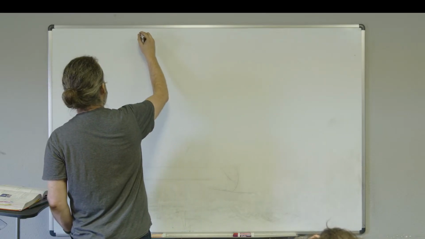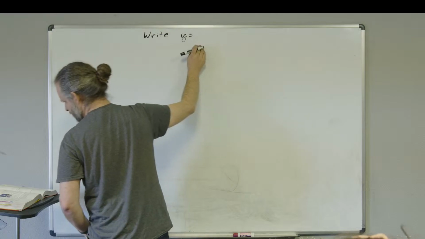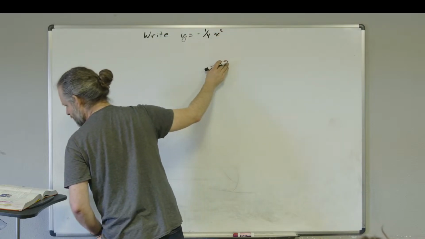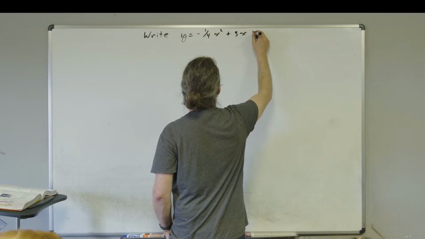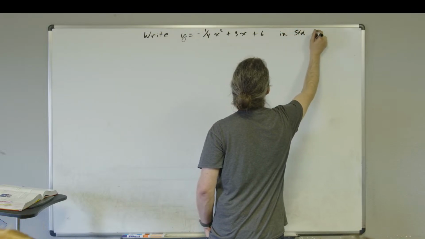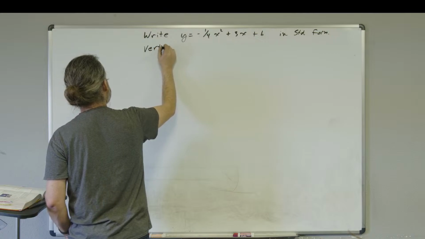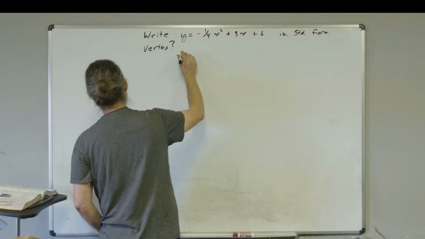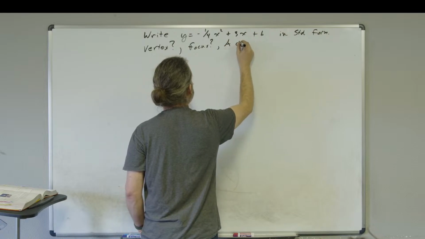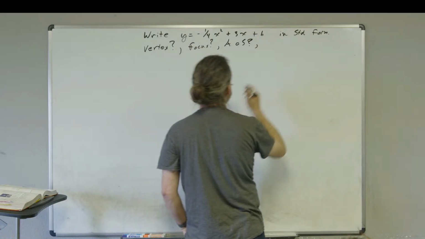So we are going to write y equals -1/4 x squared plus 3x plus 6 in standard form, and we're going to identify the vertex, the focus, the axis of symmetry, and the directrix, and graph it.